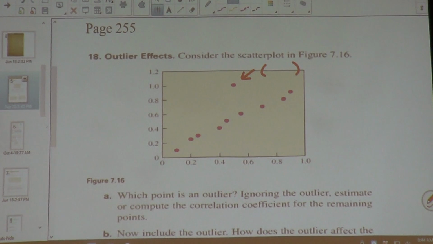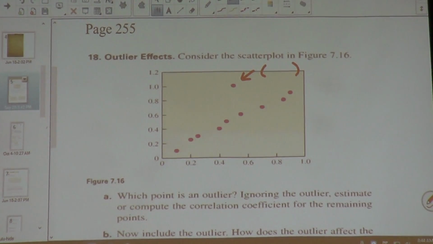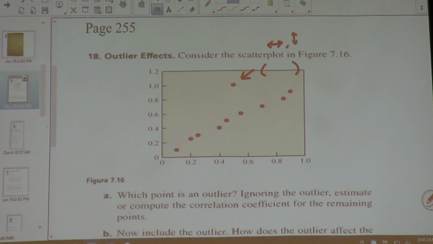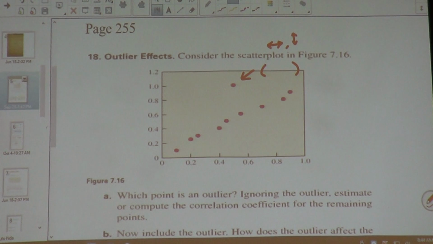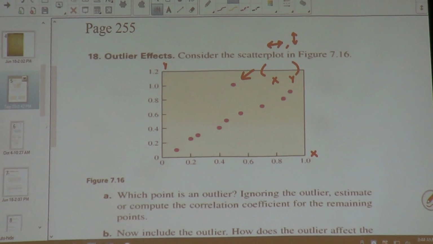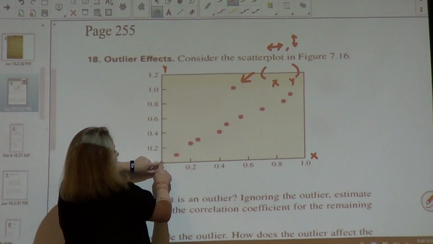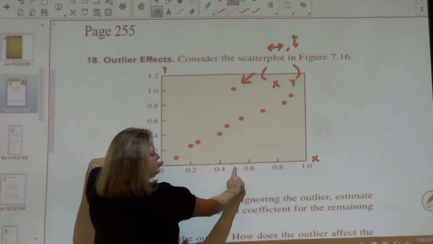Now, when I used to teach math back in the day and I taught about ordered pairs, I would say swing to the left, swing to the right, stand up, sit down, fight, fight, fight. So when you do an ordered pair, your first is on the x-axis, your second is on the y-axis. When I'm doing an ordered pair, I always start at the origin, and I always swing to the left, swing to the right.